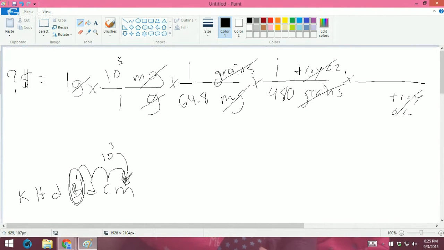That way they'll cancel. And according to the conversion factors in the textbook, a troy ounce is $560. Okay, 1 troy ounce. I finally got to money, which is totally what I wanted to get to. So at this point, I just had to bust out my calculator.